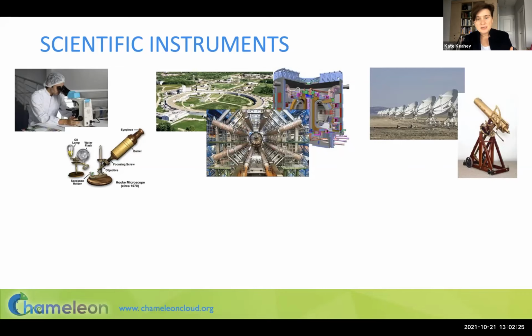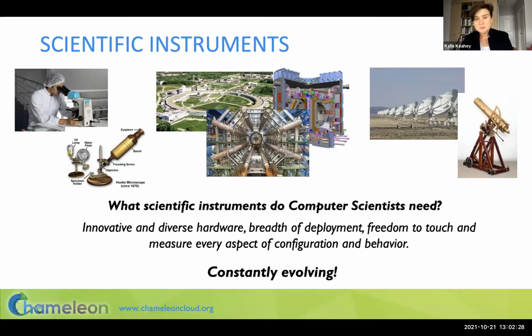What is the scientific instrument for computer science research? What do computer scientists need? To answer that question, we have to consider what type of research computer science engages in. Our users in Chameleon, which is an instrument for computer science research, develop new operating systems or think up new virtualization solutions, new networking protocols.